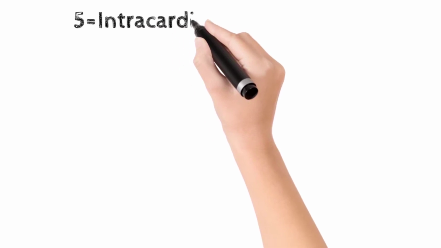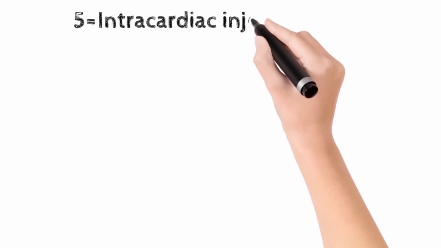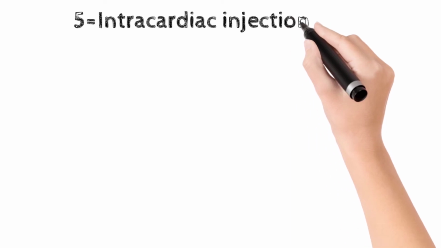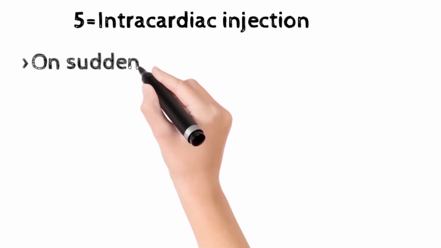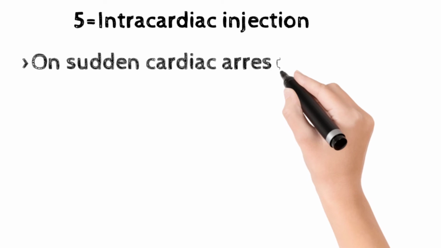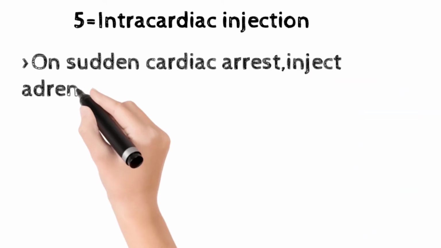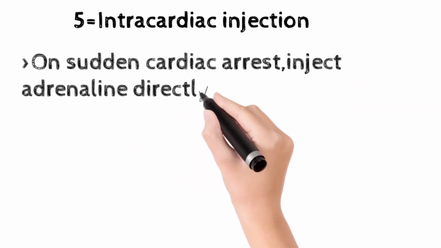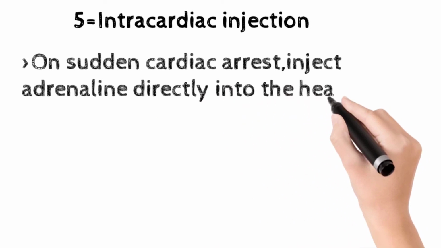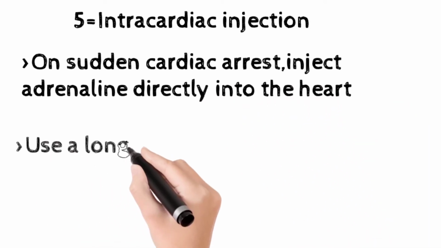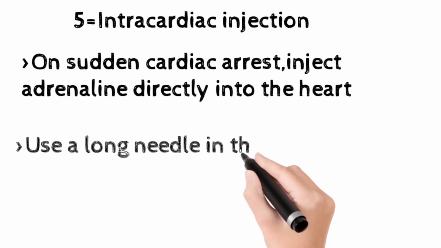Now come to the fifth local injection. This is the intracardiac injection. Now in sudden cardiac arrest, we inject the adrenaline directly into the heart. This is known as intracardiac injection.